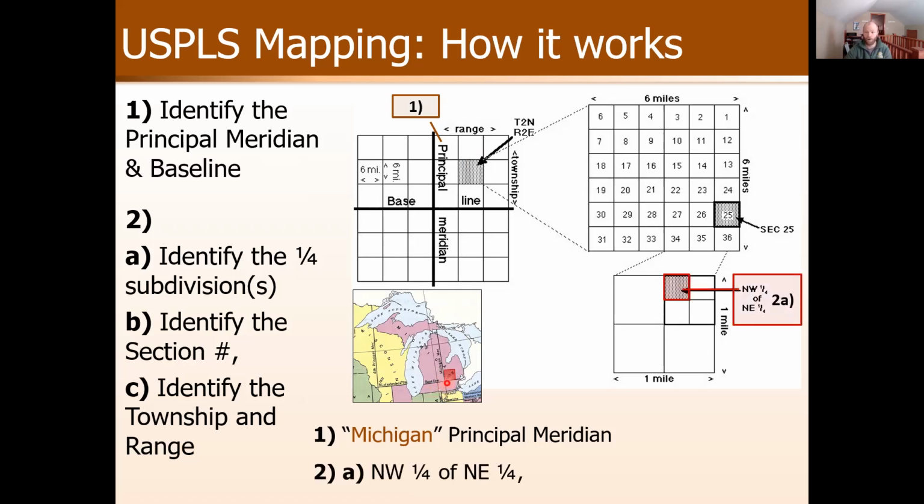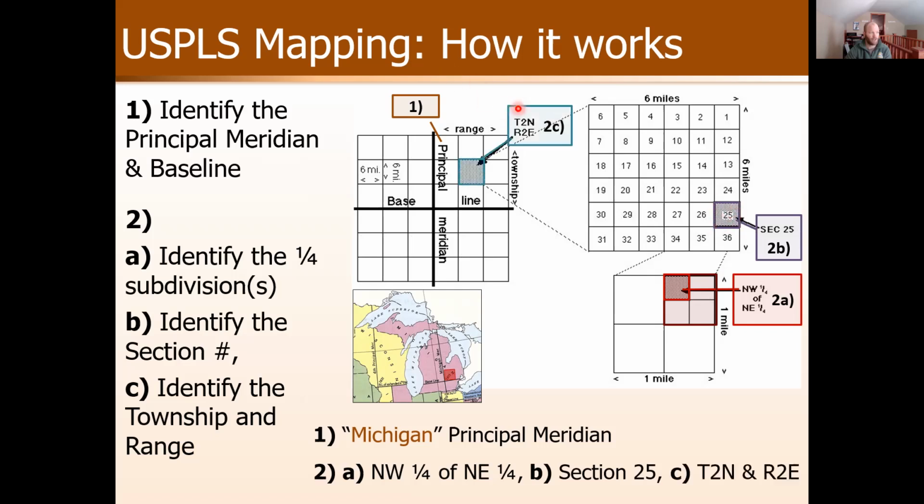Now we move in from smallest to largest. And again, this is how the legal description system is set up. 2A is going to be your quadrants as they are known. So your smallest quarter, the northwest 1 quarter of the northeast 1 quarter of the next one. 2B is going to be section 25 here of township 2 north, range 2 east.